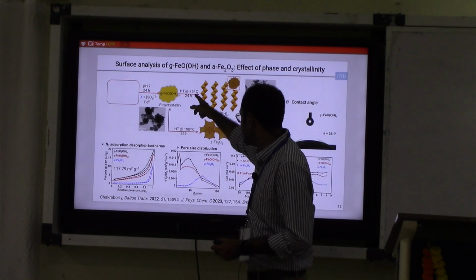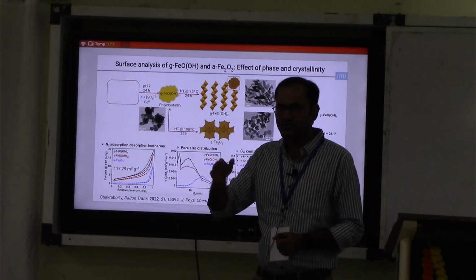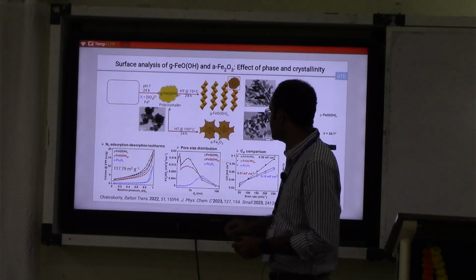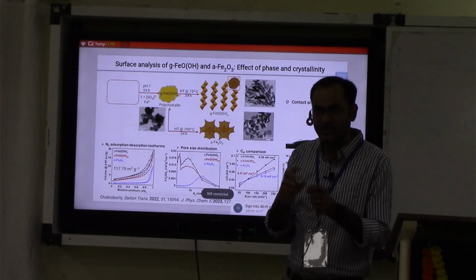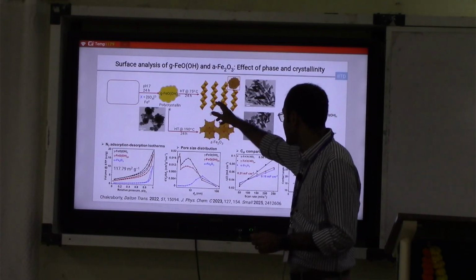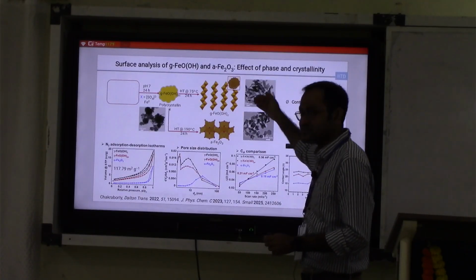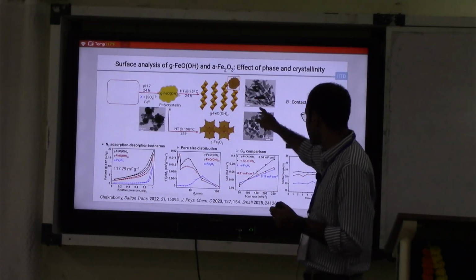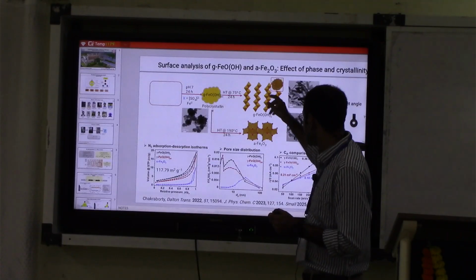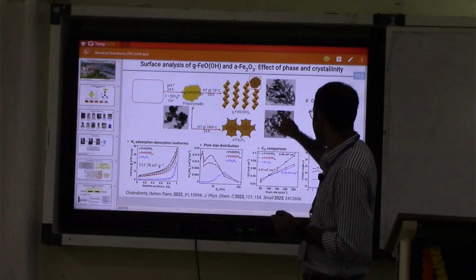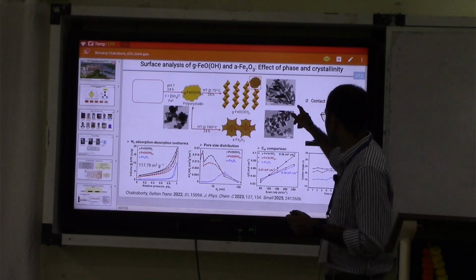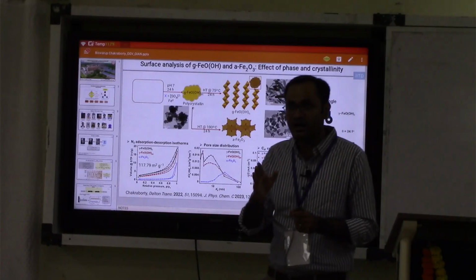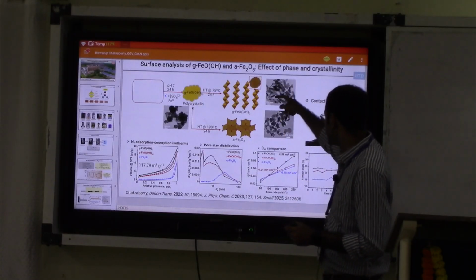Now if you heat them slightly higher than room temperature, that means 75 degrees Celsius, you can see there is no surfactant or any other molecules present, and you can build up very nice nanoplates. These are having a dimension of a little more than 100 nanometers, these individual plates.